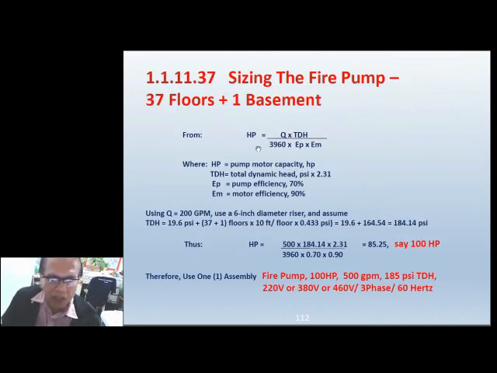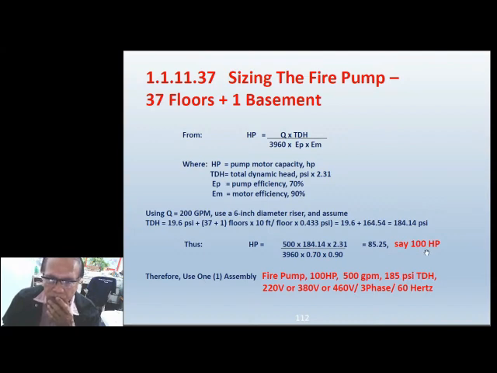Another example, using the 37 floors, the total dynamic head is very high, 184.14. Apply it here: 500 times 184.14 times 2.31 divided by 3960, divided by 0.7, divided by 0.9, is equal to 85.25 horsepower.